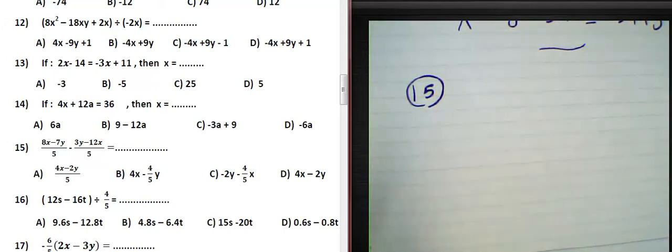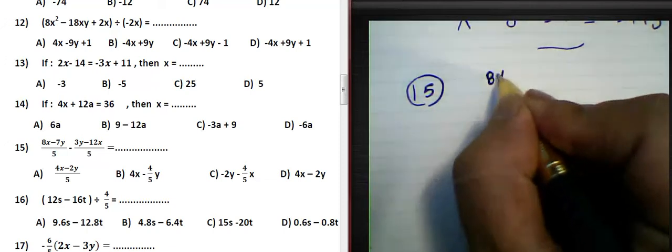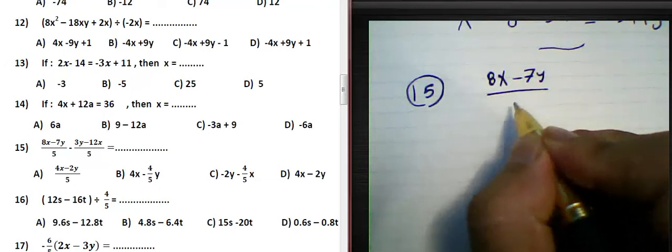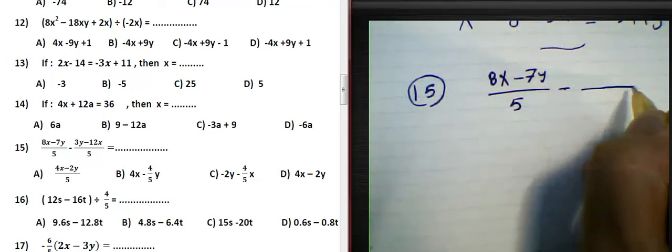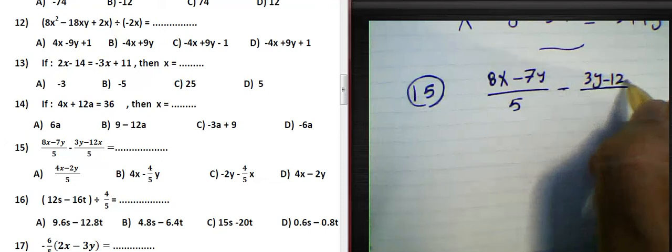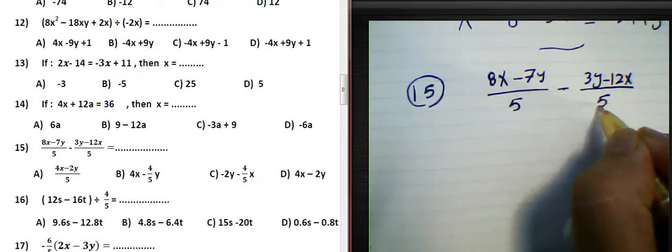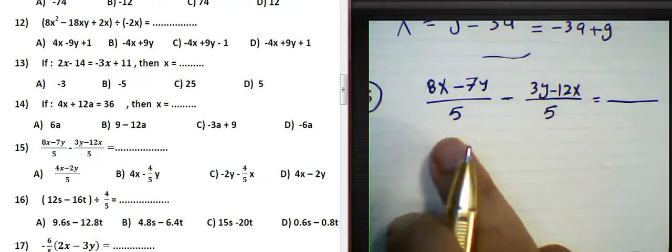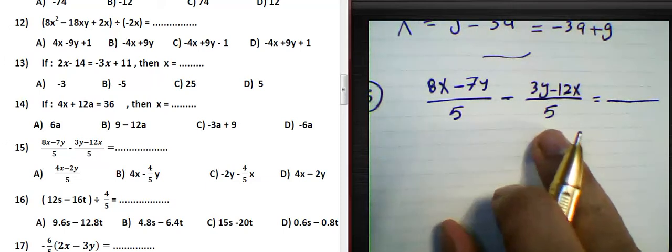He took us: 8x minus 7y over 5 subtract 3y minus 12x over 5. We can find the result in one step because the denominator here is 5 and the denominator of the second term is 5.